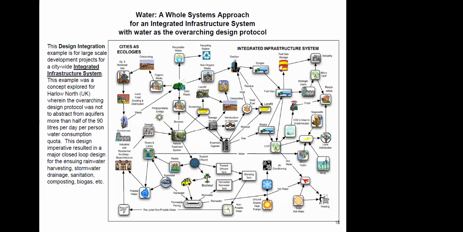And it all came from a closed loop design, from rainwater, recycling the water, from permeable pavings, and so forth. There's a detailed slideshow of this, which we will upload most probably in Module 5, so look out for it at that time. But we are introducing it here because the overarching design protocol was based on water. So this is how we can apply whole systems thinking.